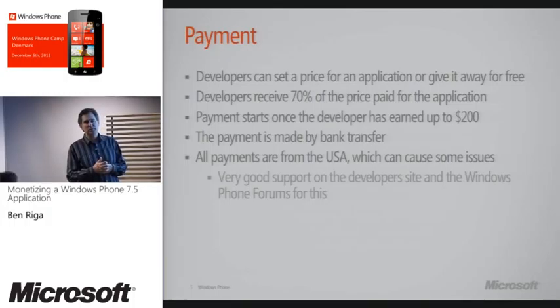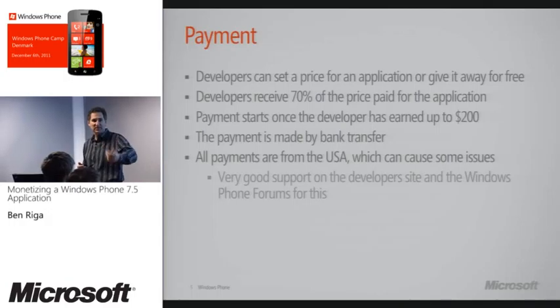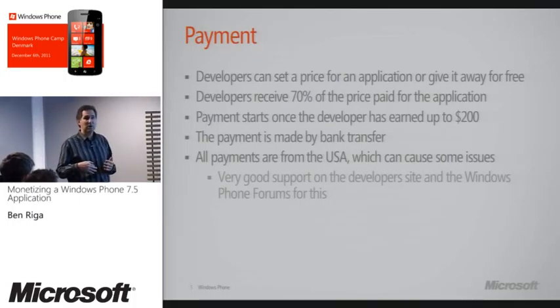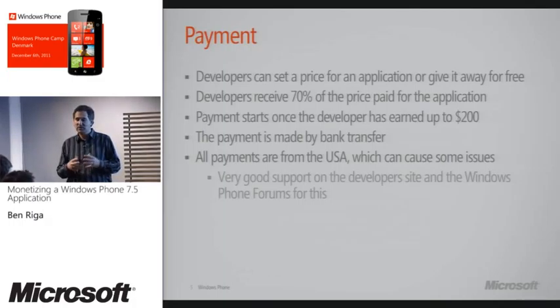Yeah, sure. So the question is, what if I have a paid web service that an end user may have to subscribe to, but the actual application on the marketplace is free? Obviously, if your application is free, you get to keep 100% of that revenue.